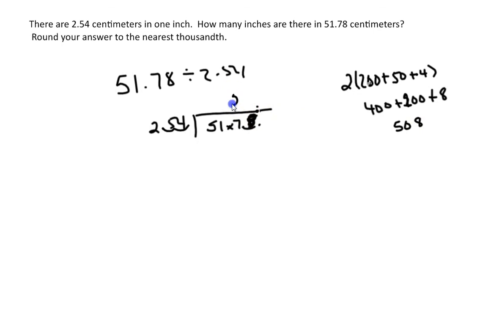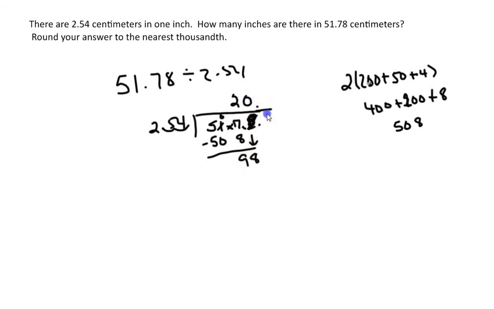So this goes in there twice, all the way out to the 7, because I did 517. That becomes 508. And I subtract, I got to borrow here. 17 minus 8 is 9, and I drop down the 8. Since I dropped down the place value, I have to check how many times does 254 go into 98. It doesn't, so I put a 0 there.